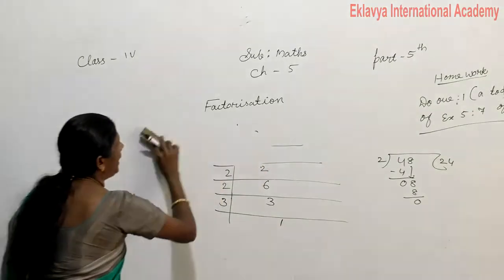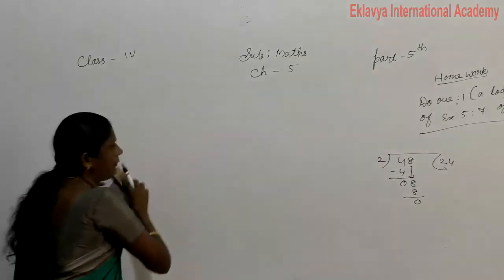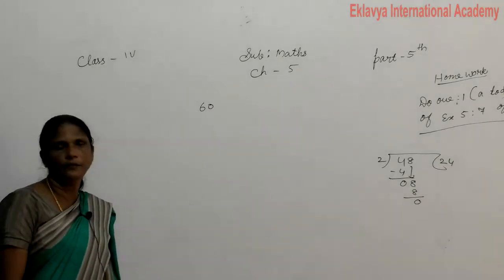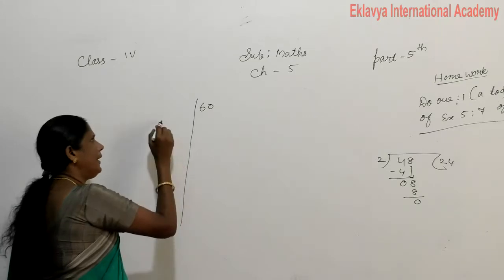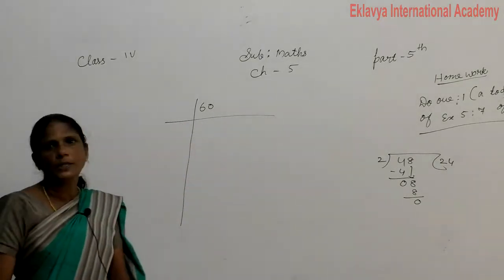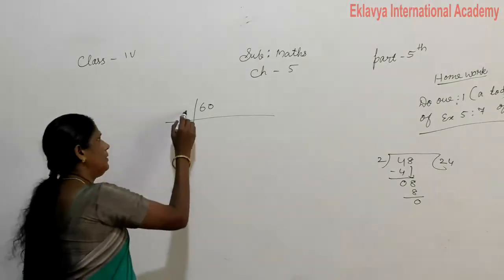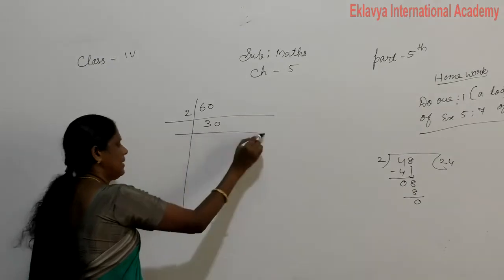Write the prime factorization of 60. Again you divide this. First you check whether this number is divisible by 2. Yes. Then you write how many times? 30 times.